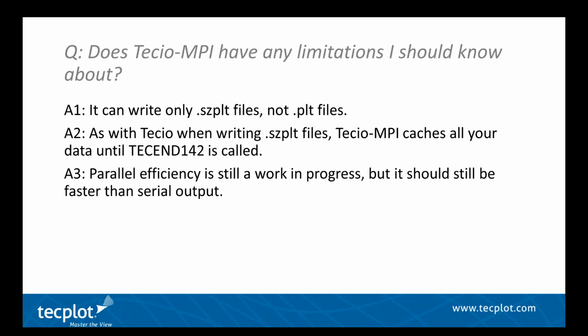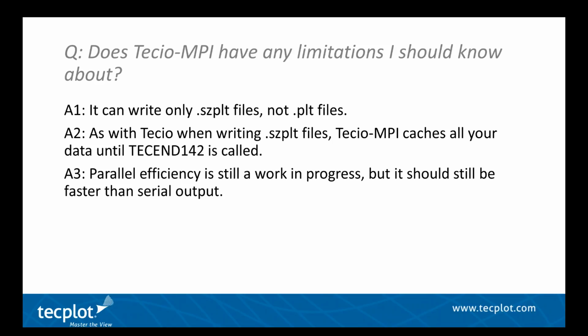Does TecIO MPI have any limitations I should know about? Yes, as I think I've mentioned before, but it's worth repeating, TecIO MPI outputs only .scplt files, not .plt files. And as I just mentioned, when outputting scplt, all of your data are cached until TecEnd is called. Thirdly, parallel efficiency is still a work in progress.